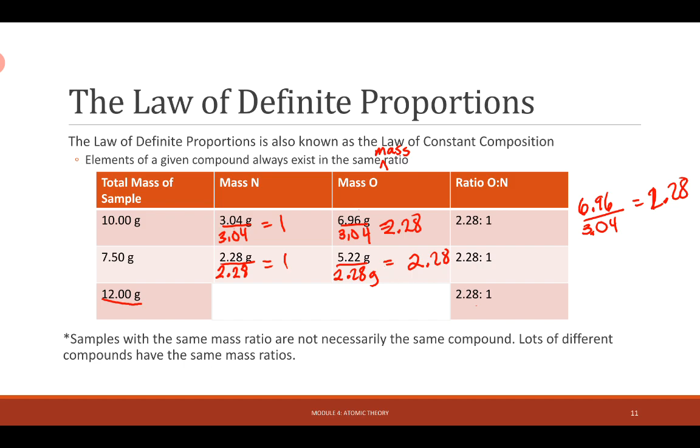You can go ahead and pause the video and try to figure out how you can work backwards to figure out the mass of nitrogen and oxygen. Are these the masses you got?